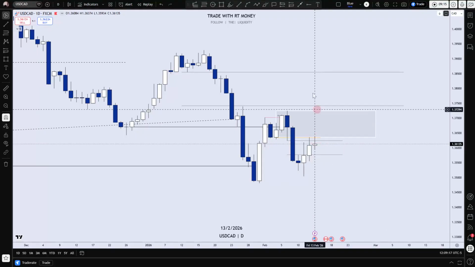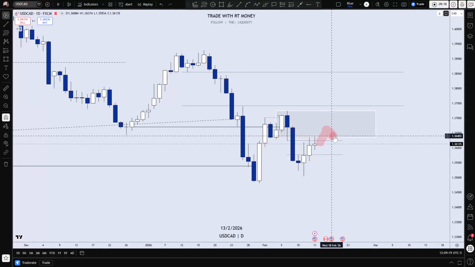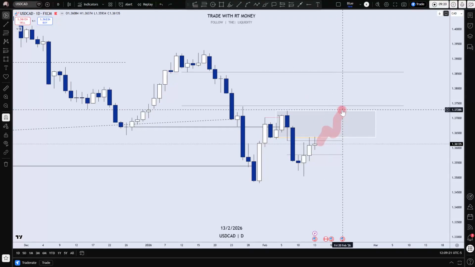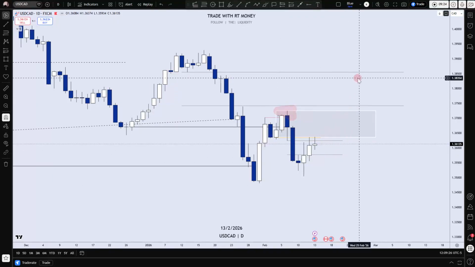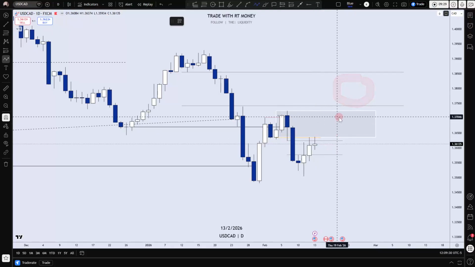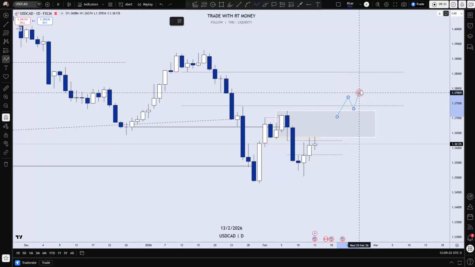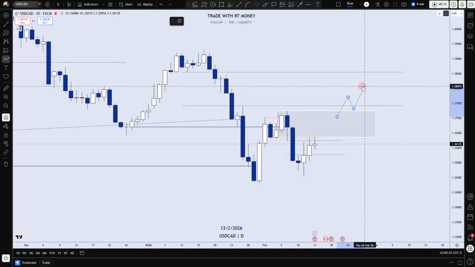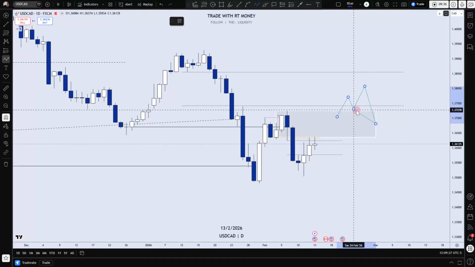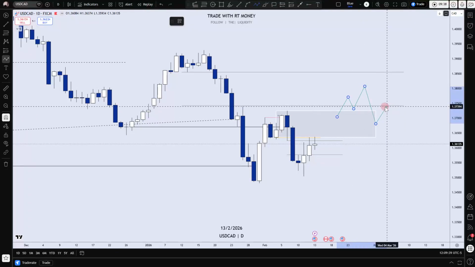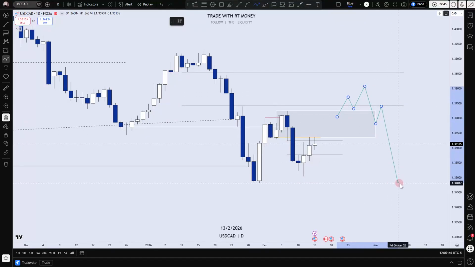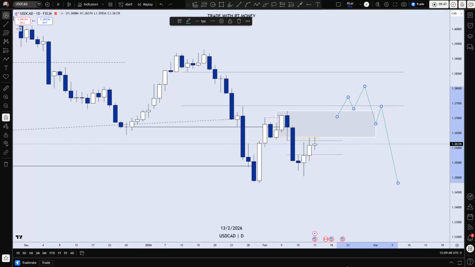If I see price pushing up higher in an impulsive way towards this protected high, I would wait until price reaches up here, and that's when I would be looking for a higher high, a higher high, and then a lower high relative to that low, a lower low, excuse me, and then I'll wait for price to pull back up into this bearish impulsive leg for a high probability trade to the downside. That's what I'd be looking for there.